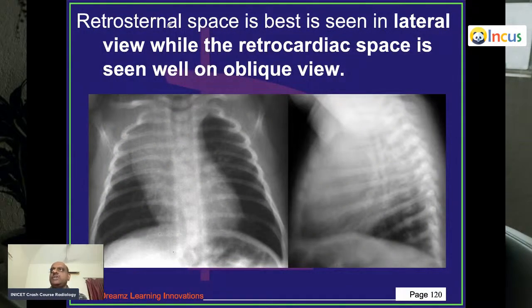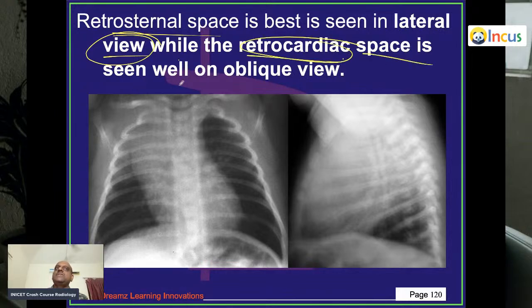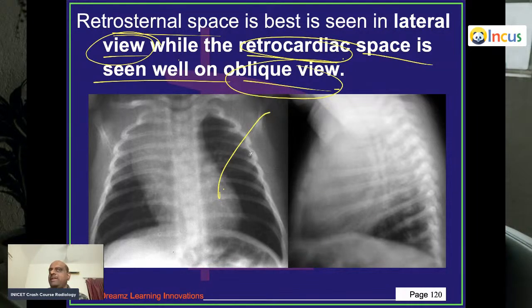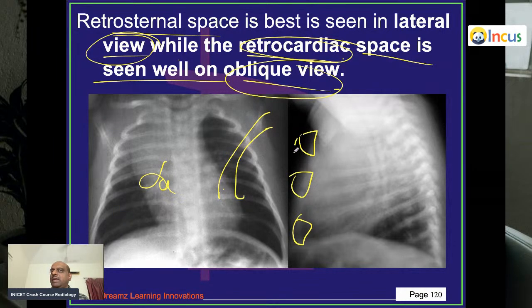So the retrosternal space is best seen in lateral view, while the retrocardiac space is best seen in oblique view. Retrosternal is different from cardiac, doctor. So you are having sternum, these are the vertebrae. Lateral view, let us take. So typically you are having the heart.